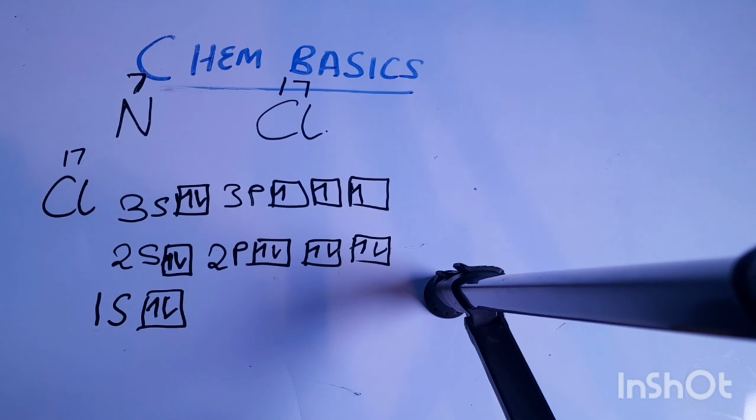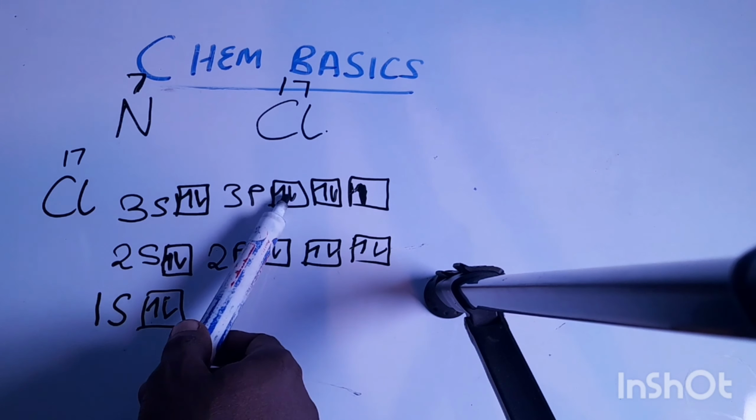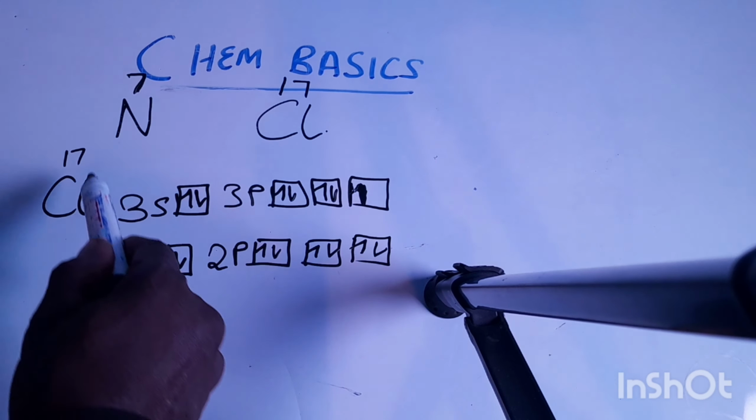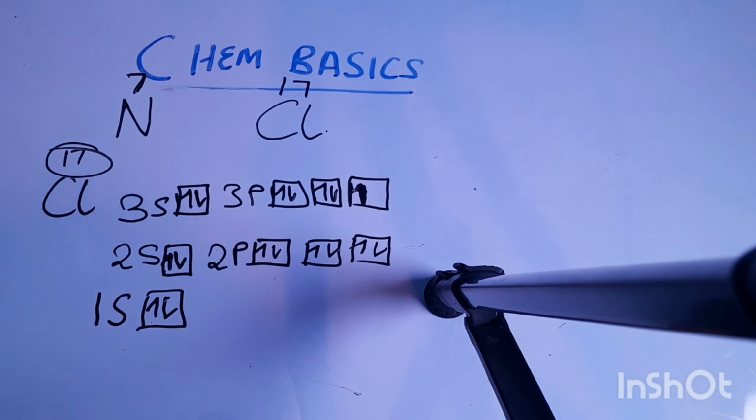So I'm left with 2 more electrons to fill out. So now I can go and fill like this, like that. We're only having this one that is alone without another electron. These things need to have 2 electrons in the orbitals for this to become balanced, right? So now let's look. We're having 2, 4, 6, 8, 10, 12, 14, 16, 17, which is giving us the electron number of chlorine, 17, right? So now it is okay.